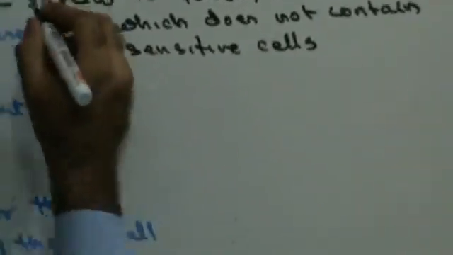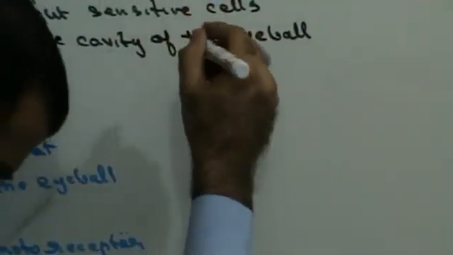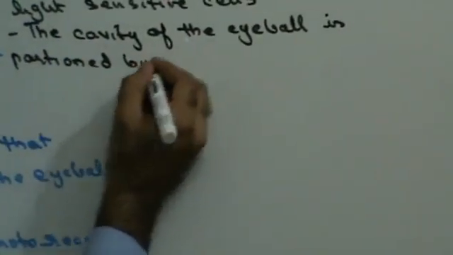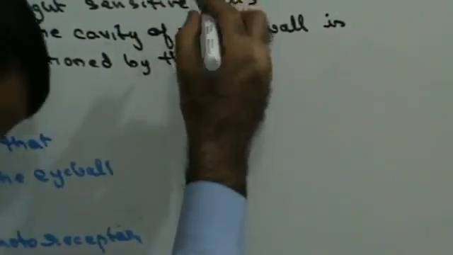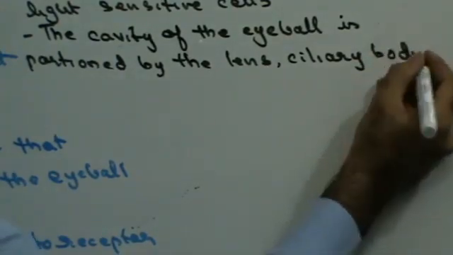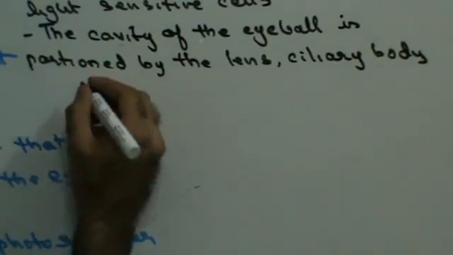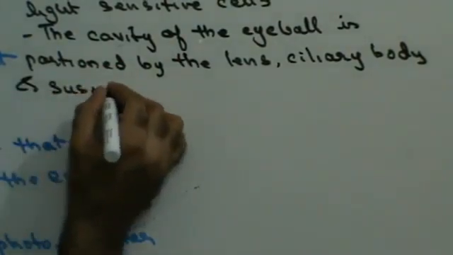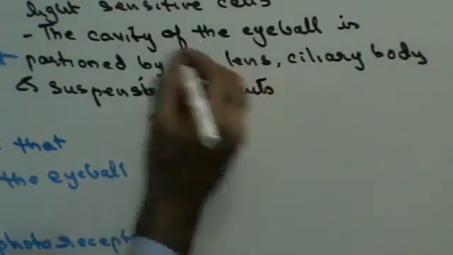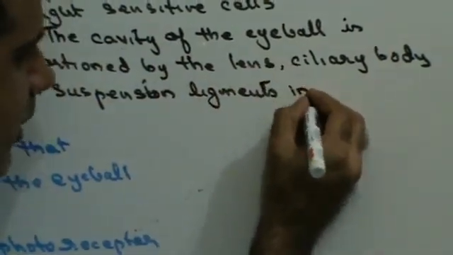So let's write this down and we'll come to the working of the eye. The cavity of the eyeball is partitioned by the lens, ciliary body, and suspension ligaments into anterior and posterior compartments.